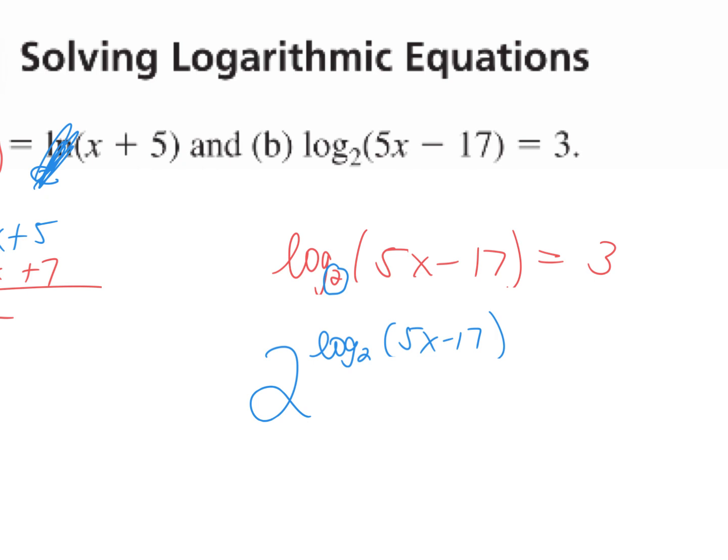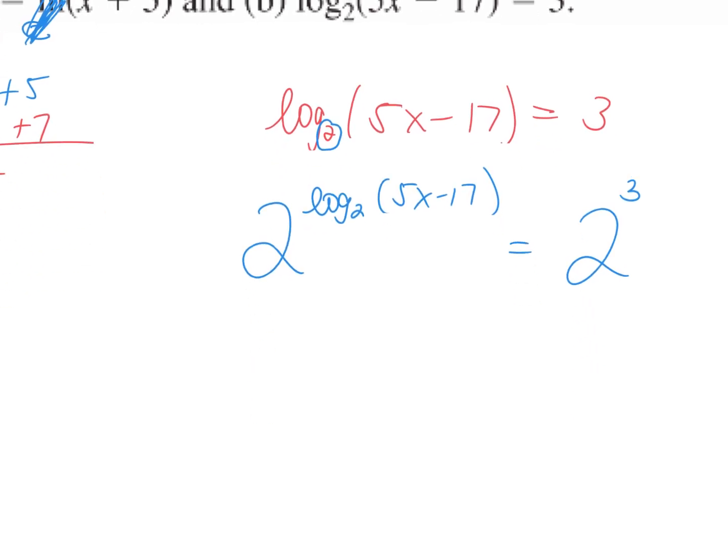What you do to one side of the equation, you do where? To the other side. So I'm going to write a big old 2, and what goes in the exponent? The 3. That's the new step that you guys are learning. That's it. Everything else now, we're going to solve a basic equation. What happens when I have 2 raised to the log base 2? It cancels.